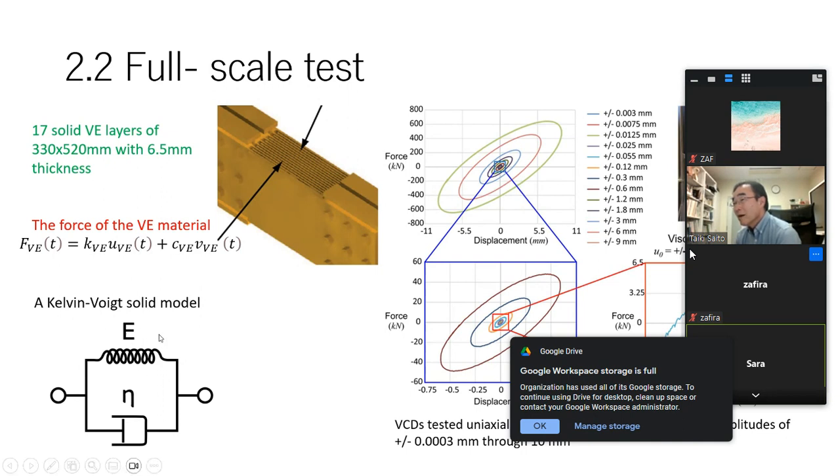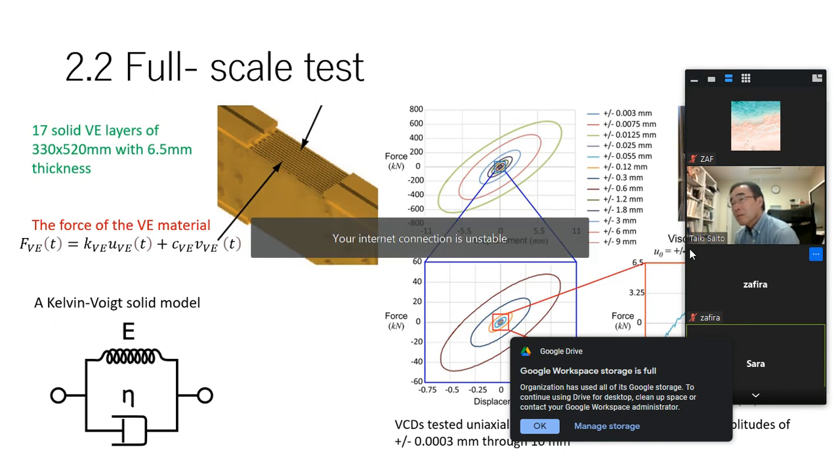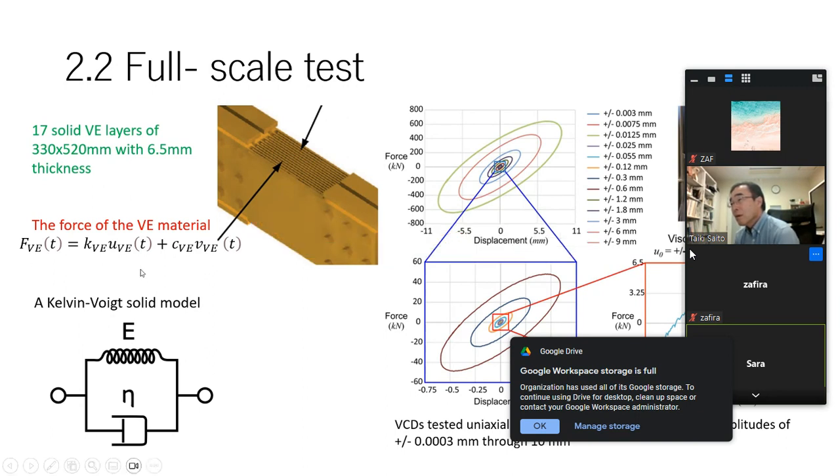From this, we can understand the viscoelastic material force, where u is the shear deformation, v is velocity, k is stiffness, and c is the damping coefficient. From this we find the force of the viscoelastic material.